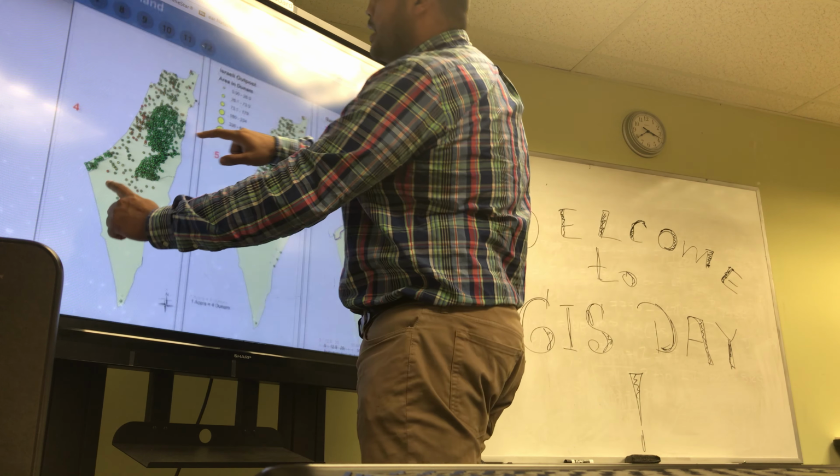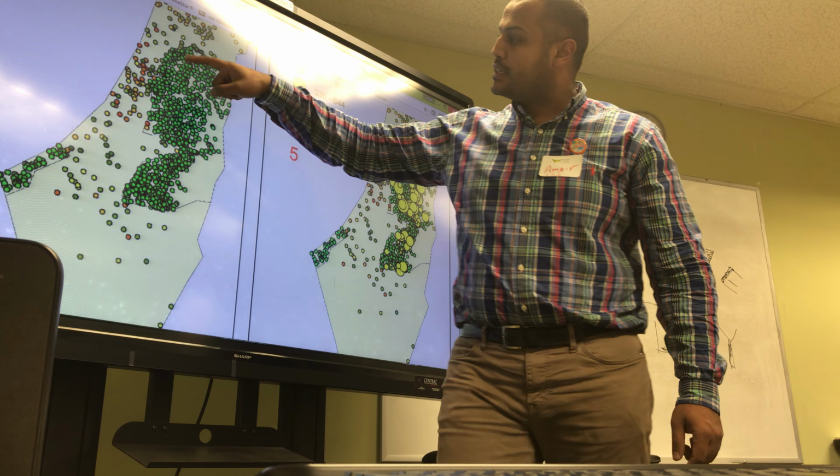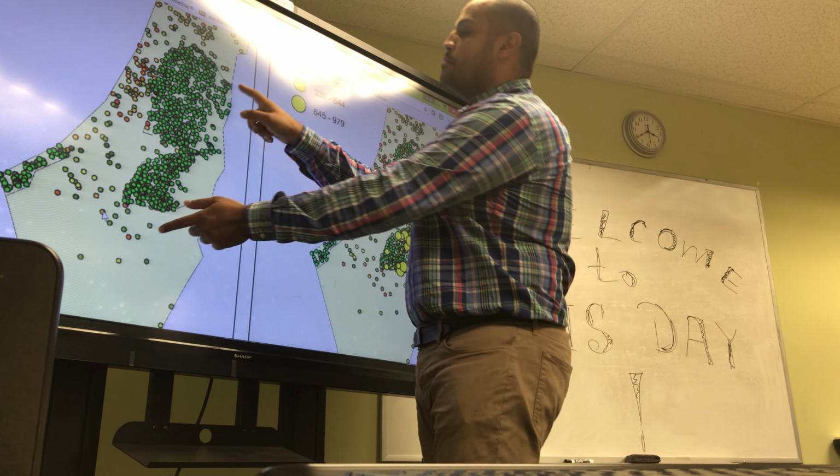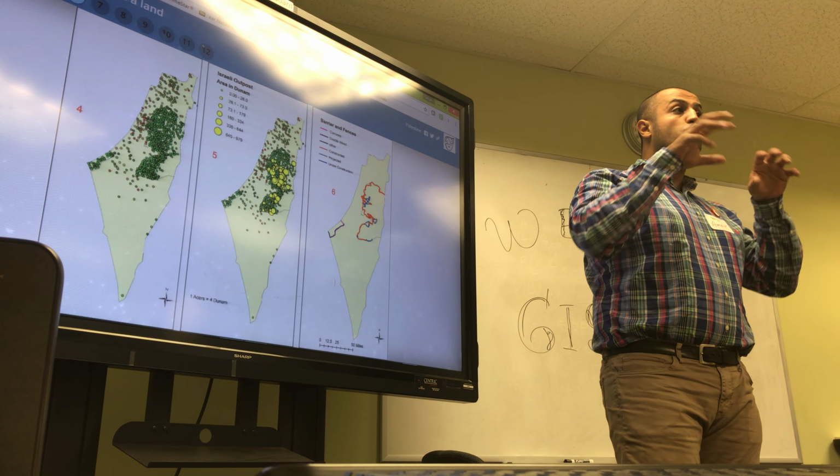We can see what happened later is both are mixed, and then the green dots start to be forced into the West Bank and Gaza Strip. So they forced them, and we're not talking about Jewish people, we're talking about the Zionist movement who are in Palestine. Not only did they do that, they pushed them in this area and this area, and this is called an Israeli outpost.